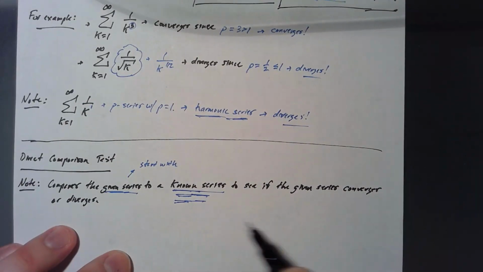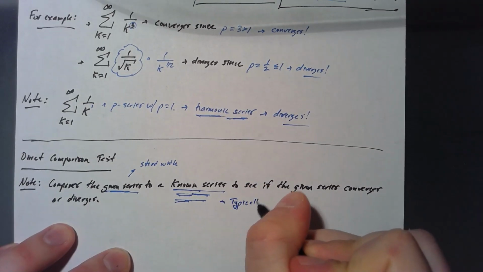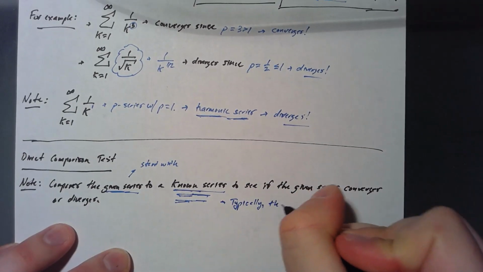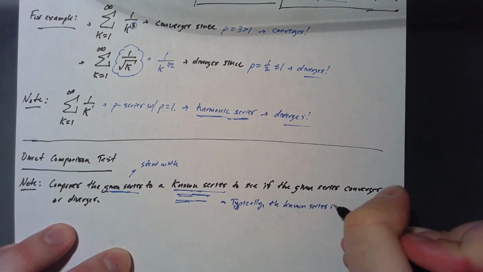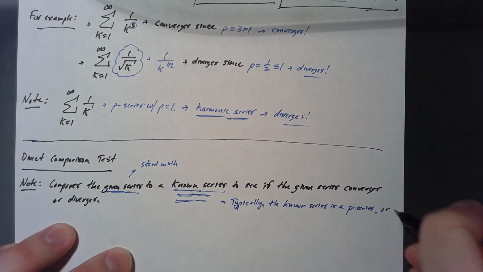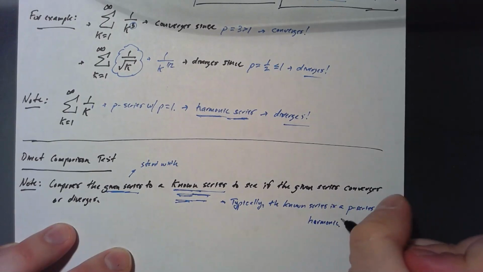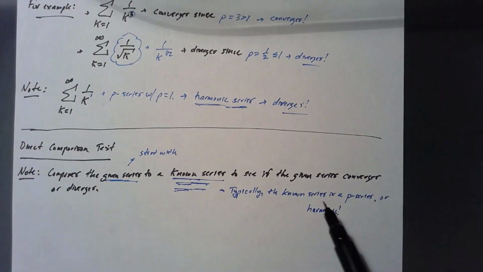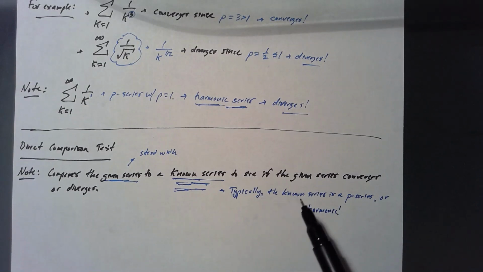So usually the known series is a P series or harmonic. That's not always the case, but I would say like 90% of the time, even 95% of the time, this is typically true.